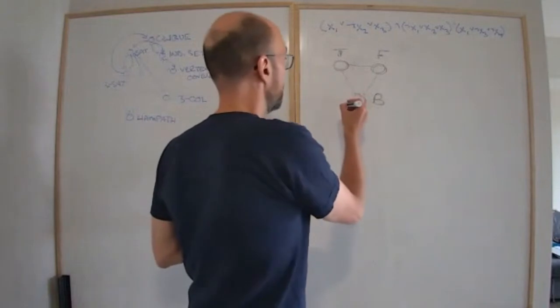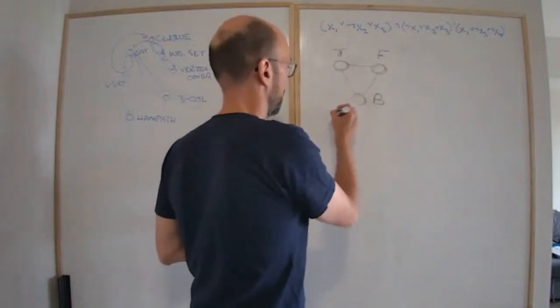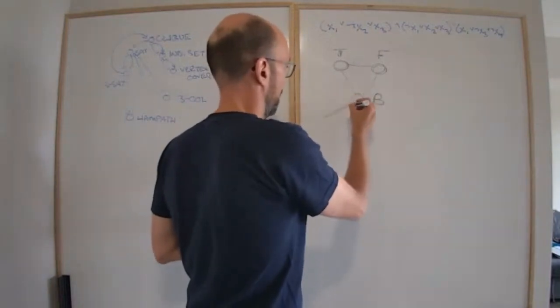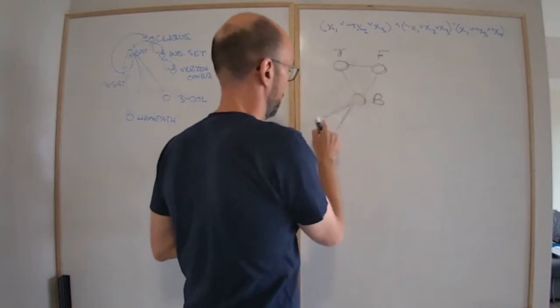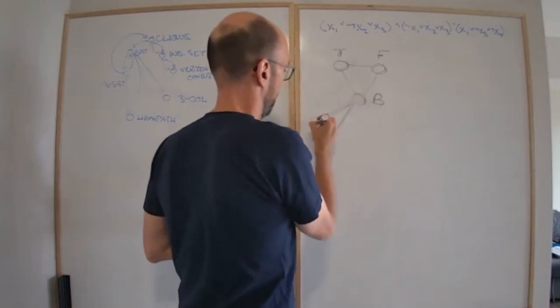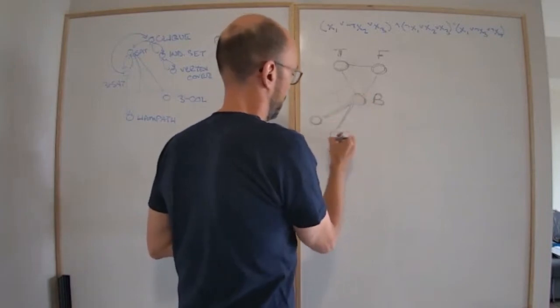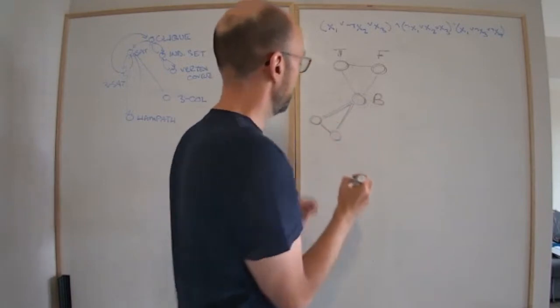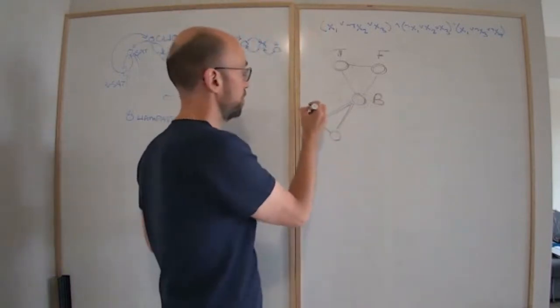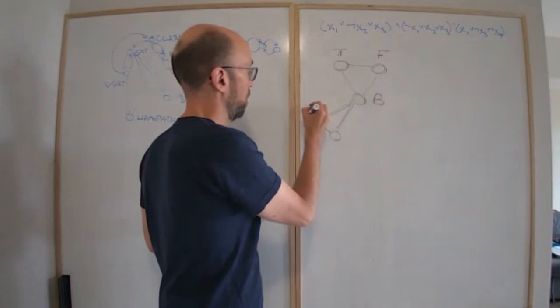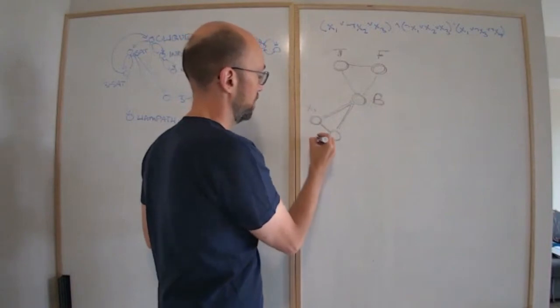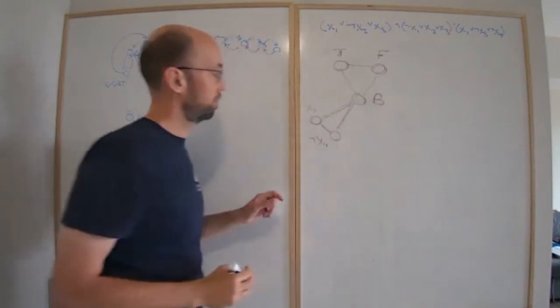Now, for each variable, I'm going to build another little triangle. This is going to be x1, and this is going to be not x1.